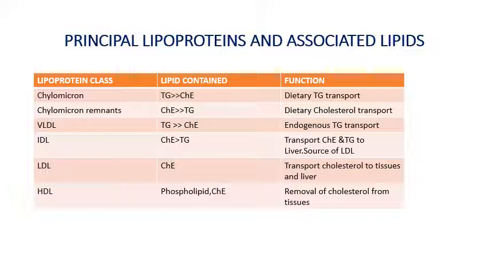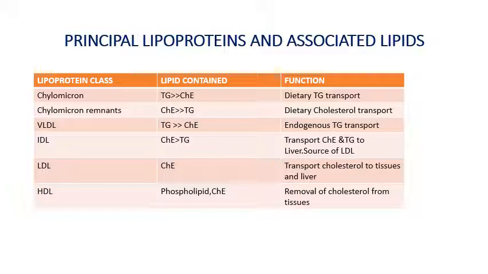And this is a table showing the various types of lipids which are constituents of the different lipoprotein classes. Chylomicrons are rich in triglycerides, so they are mainly concerned with transport of dietary triglycerides. Chylomicron remnants are rich in cholesterol esters, and they are mainly involved in dietary cholesterol transport.